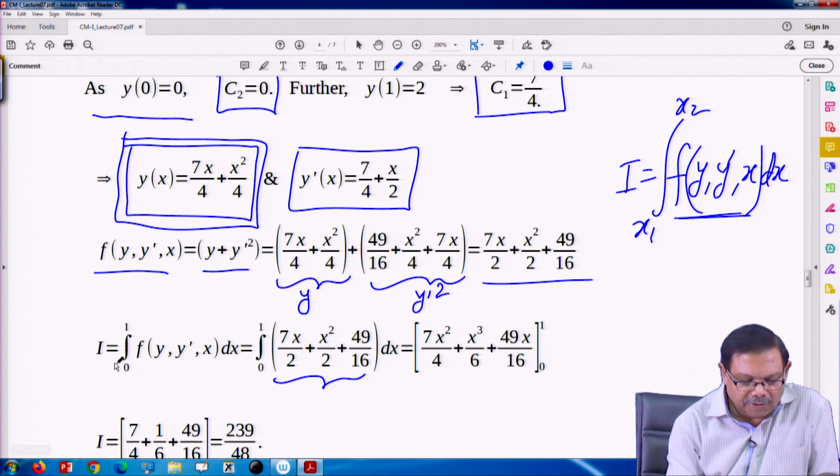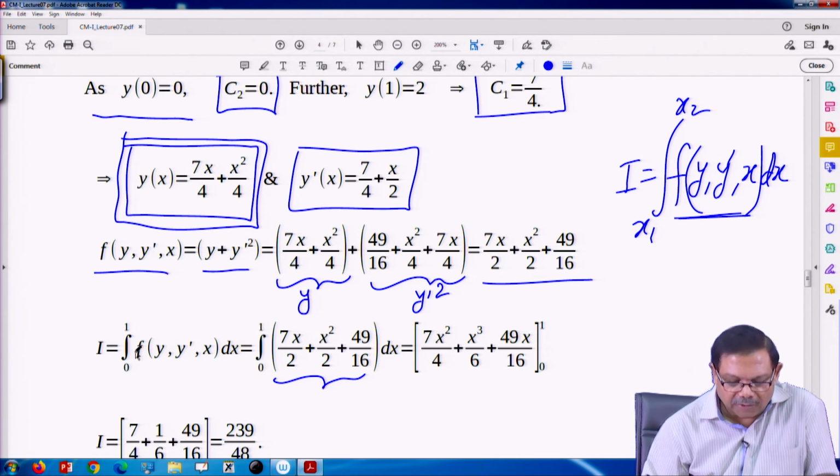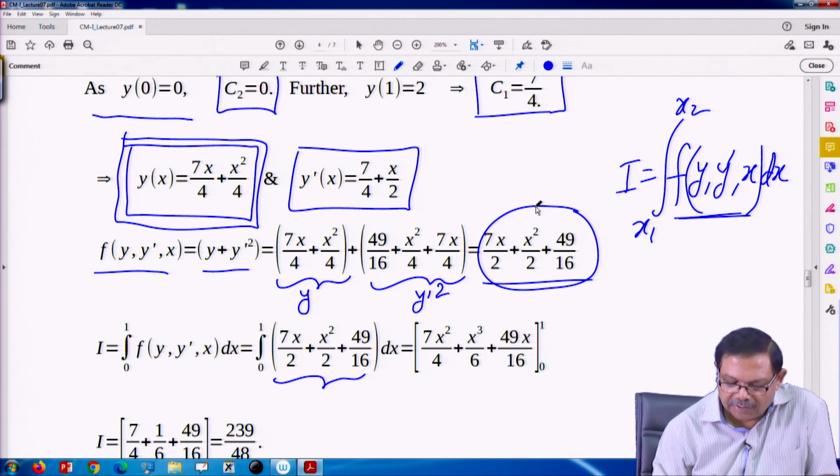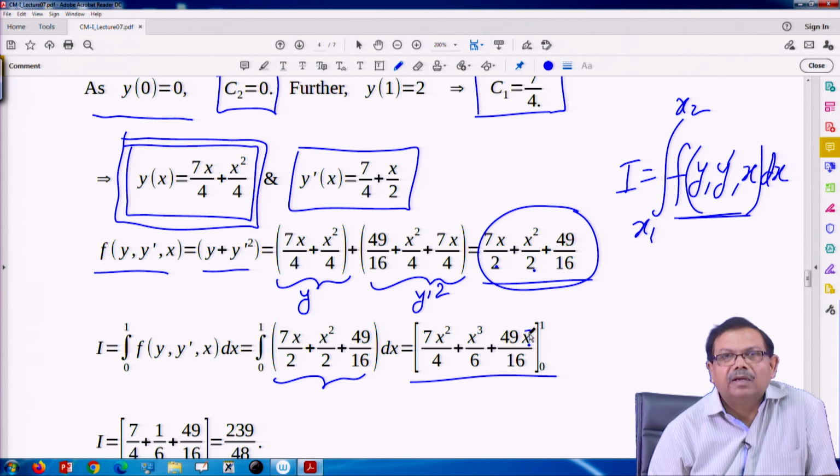Okay. So, now the integral is f dx. So, f is already known here in terms of x. So, I put it there, I integrate. So, integration of 7 x by 2 plus x square by 2 plus 49 by 16 between points 0 and 1. So, x will give x square by 2, x square will give x cube by 3, and here dx will give just x. So, they have to be evaluated between these 2 points 0 and 1.